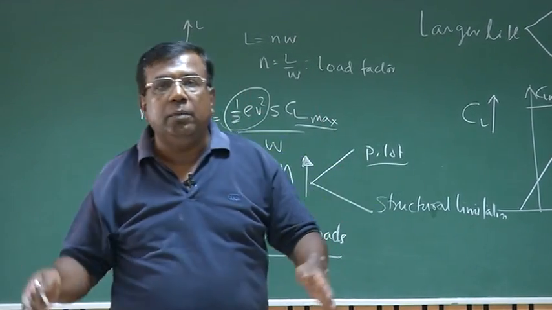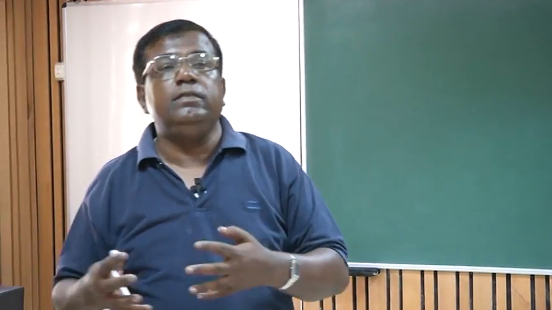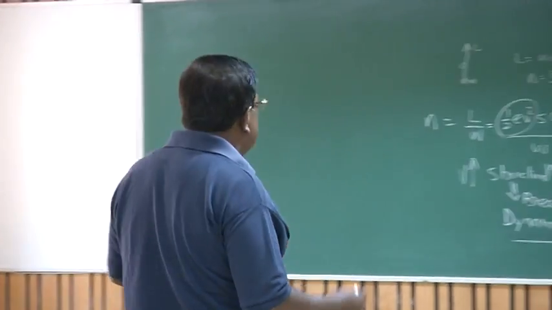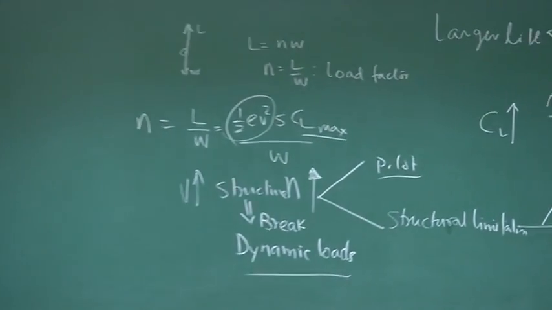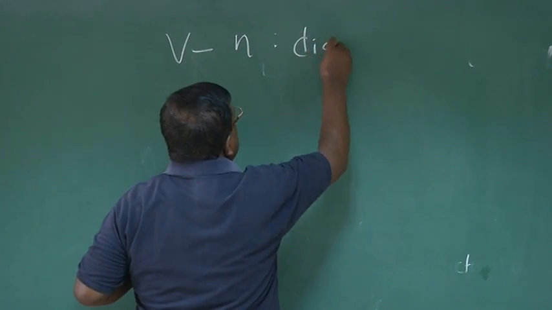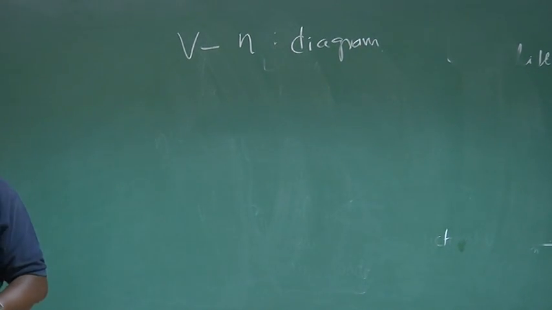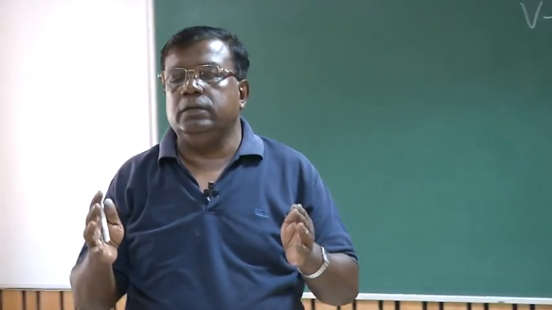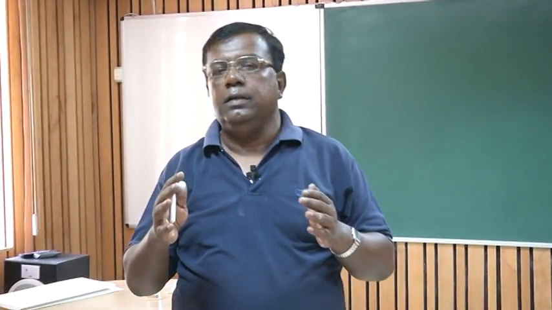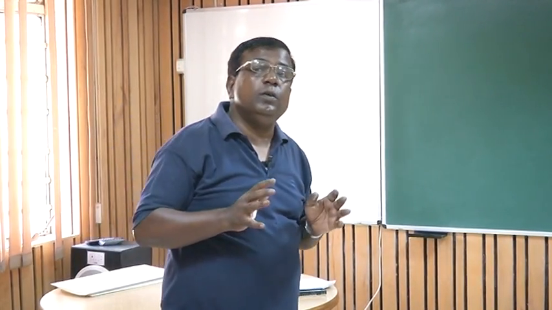These draw the boundary of what speed and what load factor the pilot is safe to fly. Okay? That is exactly called the VN diagram. When a pilot sees a VN diagram, he knows what speeds he should avoid, what that envelope is, which he should know a priori before he goes for flight.